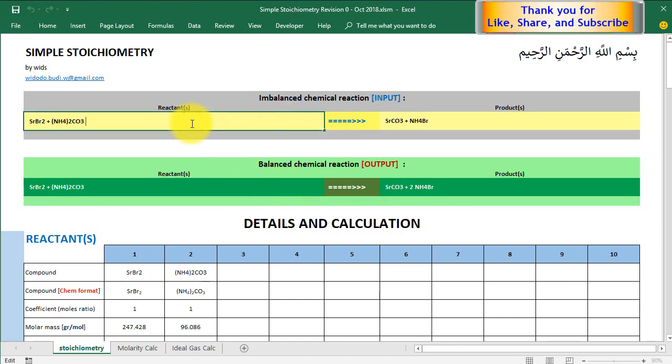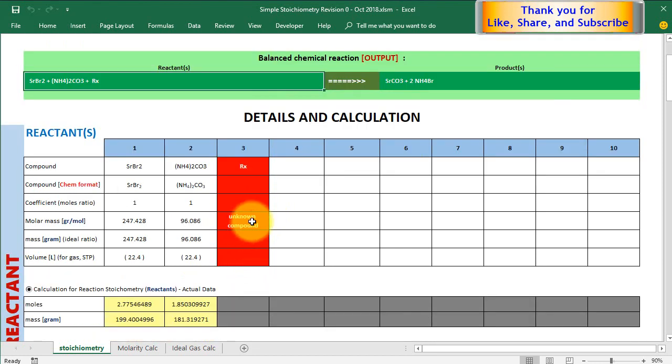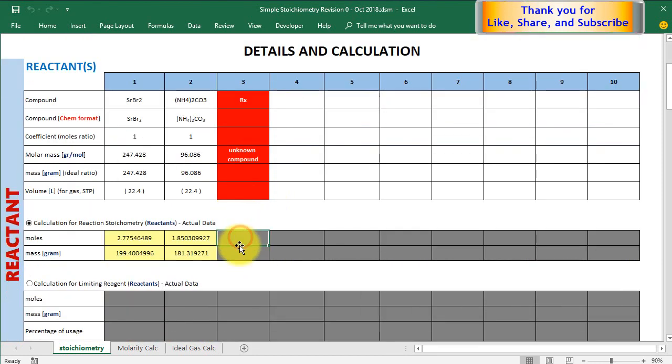I'll show you if we add some element or compound, Rx for example. Okay, the system detects it as Rx, but it is an unknown compound. The gray box did not change to a yellow box.